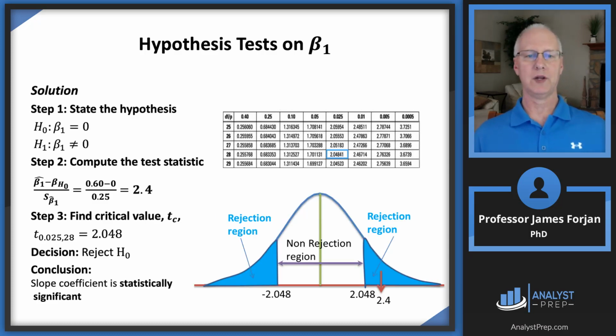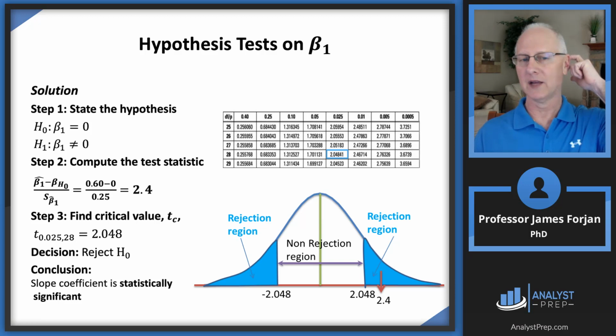Now, I want you to look just quickly at step 2. I want to give you kind of a big picture thing here. Look at that formula. We've got 0.6 minus 0 over 0.25. So when is that number going to look an awful lot like 0? The 0.6 is the estimate, right? And 0.25 is the estimate of variability. What would force that number to be some number around 0?